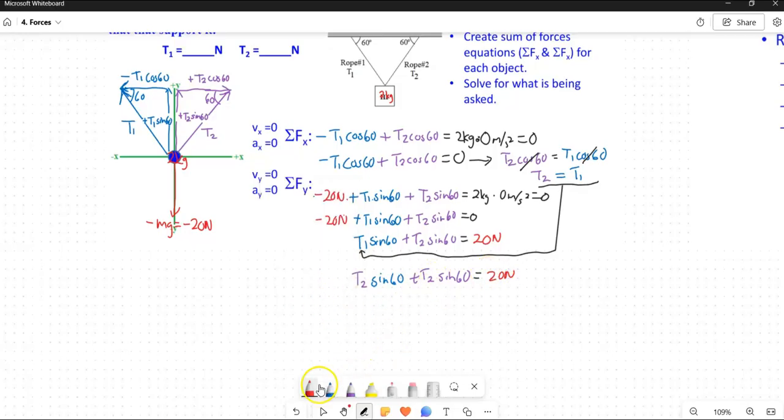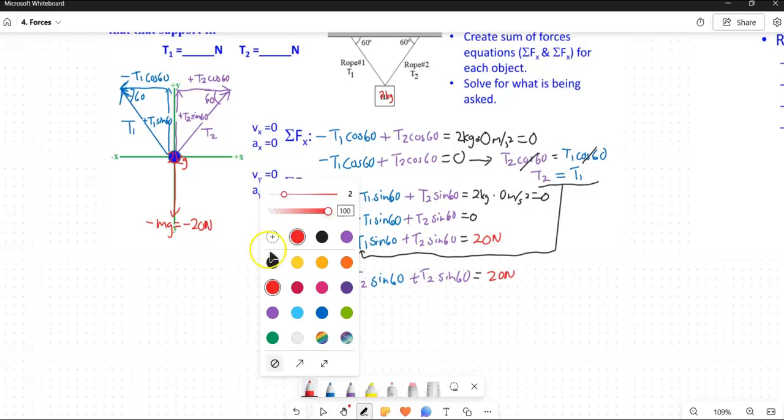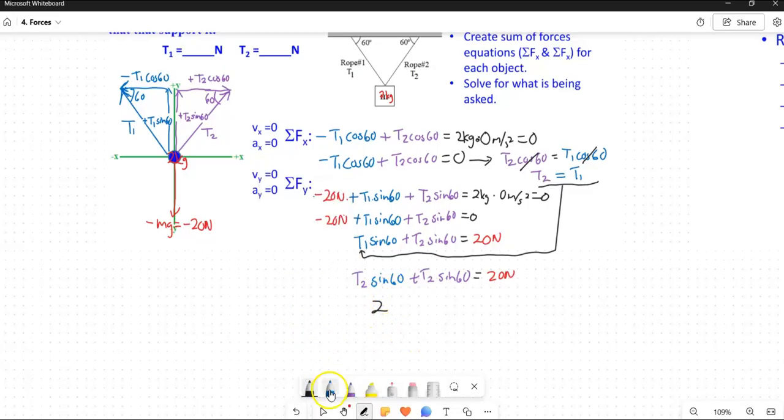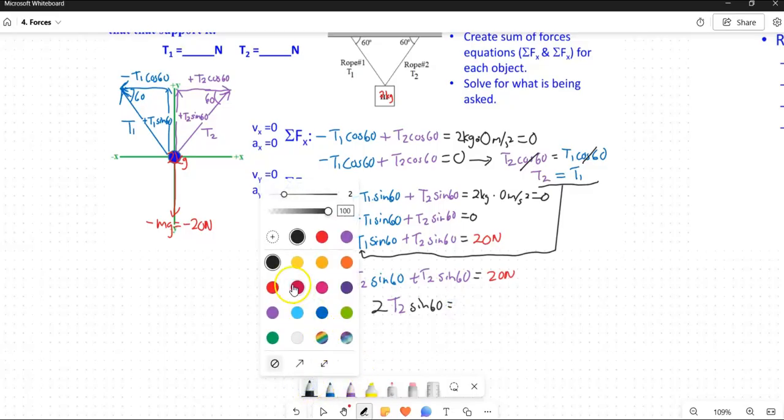And there's just two of them, so I'm going to put a 2 in front and add those together. So this is 2 T2 sine of 60 degrees, and that is going to be equal to 20.